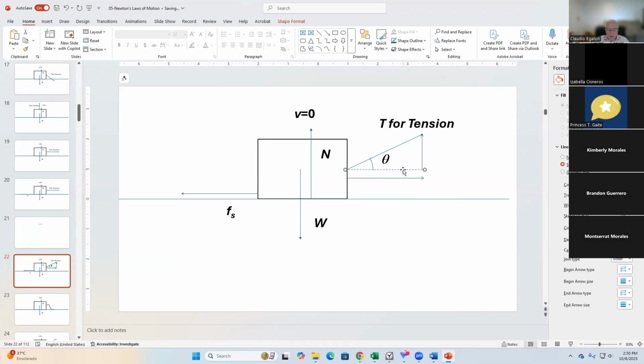I'm going to take out this dash and shrink it a little bit.